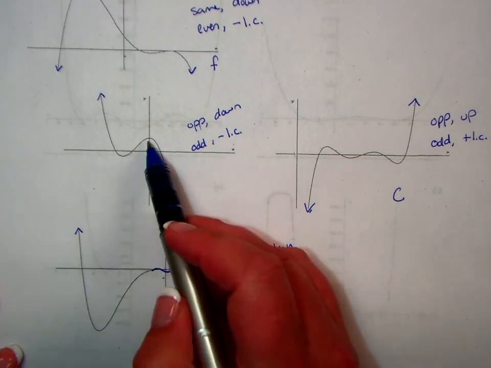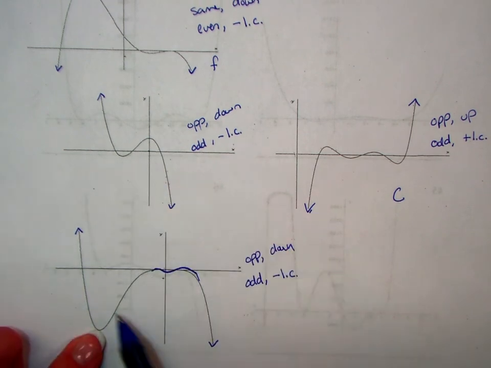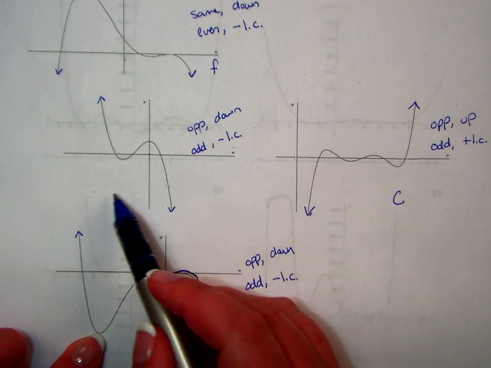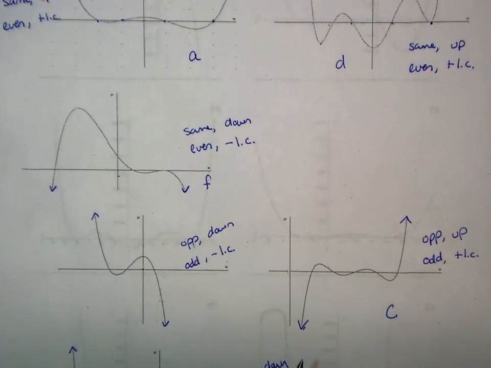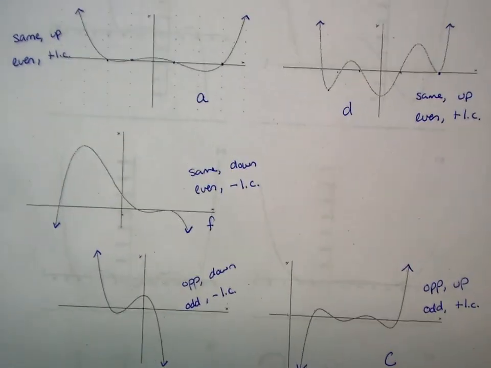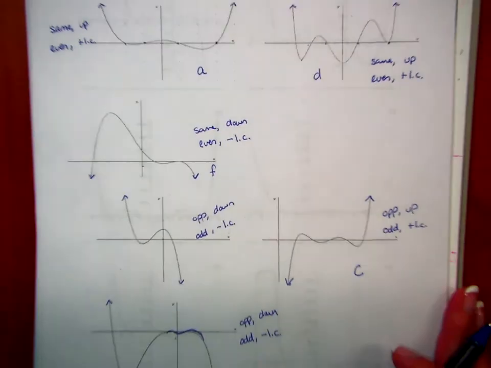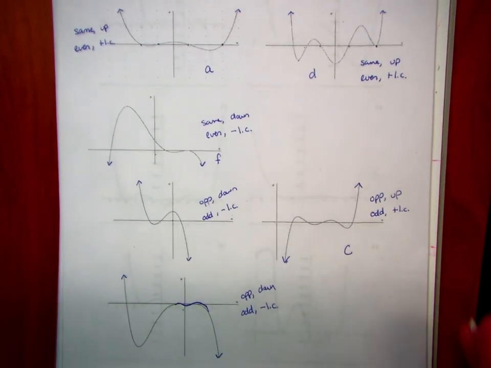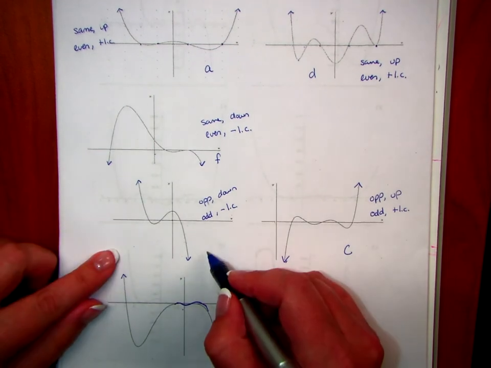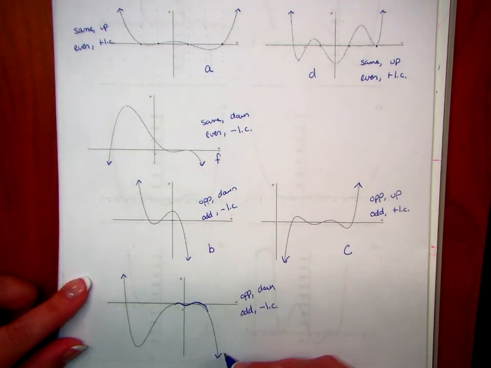This one only has 2, so this one must be the higher 5th degree polynomial, and this is the smaller 3rd degree polynomial. Let me zoom out here. That would make this one B and this one E.